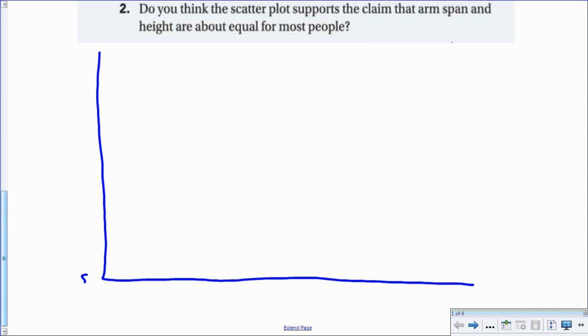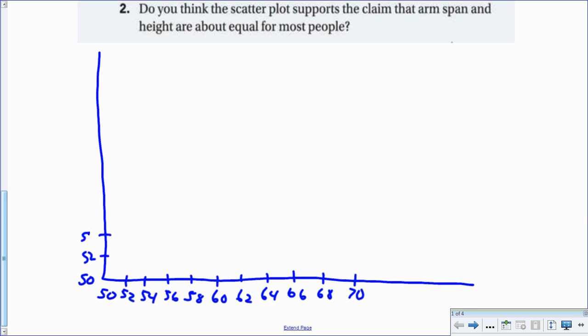Instead of starting at 0, we're going to start at 50, and we're going to continue to go up by 2s until we hit 70. You should be following along doing this with me right now. We get all our points in on both axes up to 70.